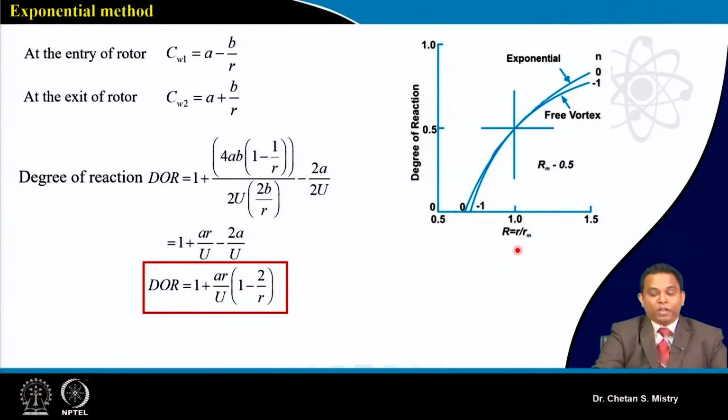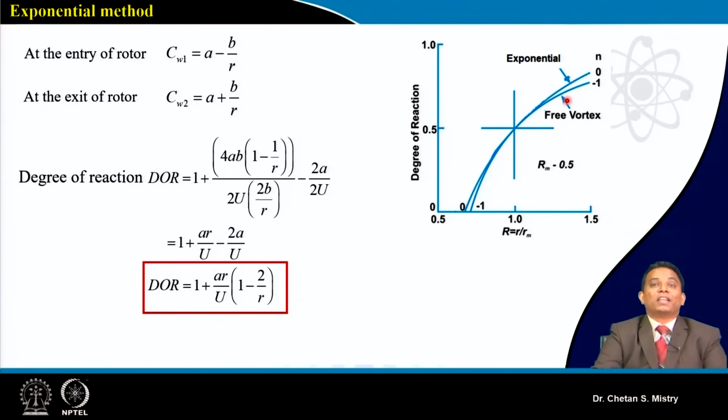If we look here, suppose I take my n equal to -1 condition, this gives me my degree of reaction to be 0 at one station. Suppose I extend that line further on my y axis, it gives me my degree of reaction to be negative.